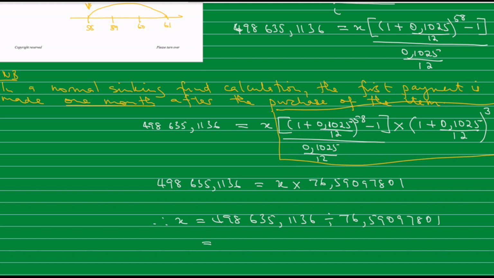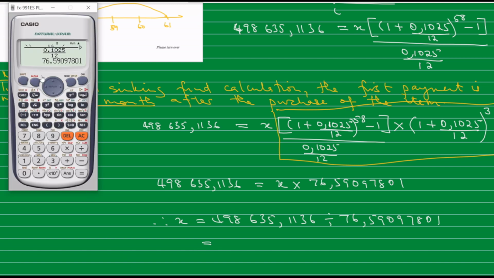Our answer will give us the installment. So I'm going to take 498,635.1136 divided by the previous answer that we got.